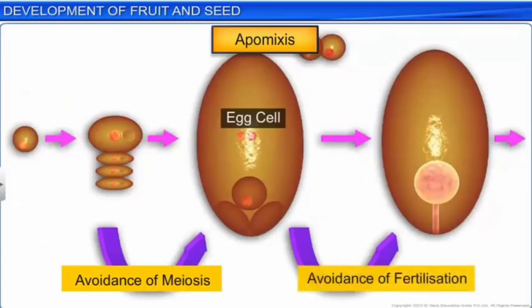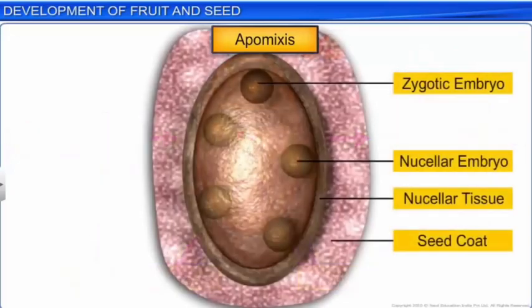In fact, seeds or embryos either develop from an unfertilized egg which did not undergo meiosis, or from the cells of the integument or nucellus.